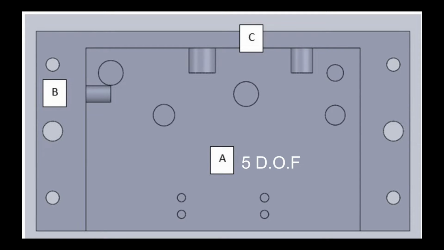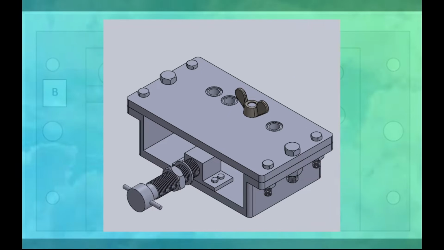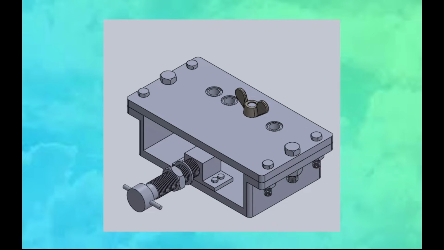On surface B, there is 1 pin that will restrict only 1 degree of freedom, and at surface C, there are 2 pins to restrict 3 degrees of freedom. Next, 2 clamps are employed to restrict the 3 other degrees of freedom left.